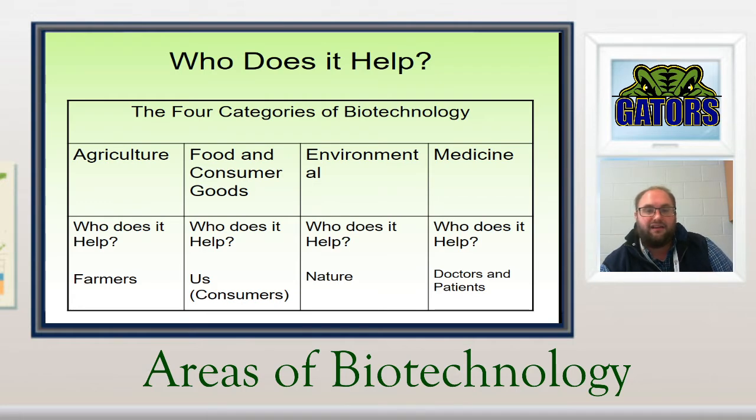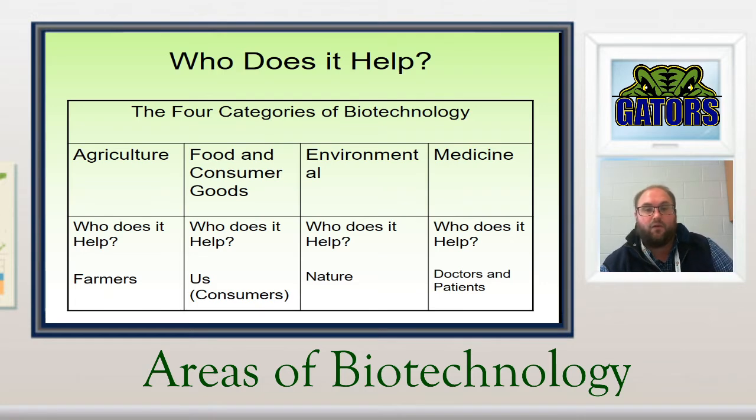And that question is, who does it help? Okay? Who does this example of biotechnology help? If the answer to that question of who does it help is, well, this obviously helps farmers. It helps improve crops or livestock, then it's agricultural biotechnology.